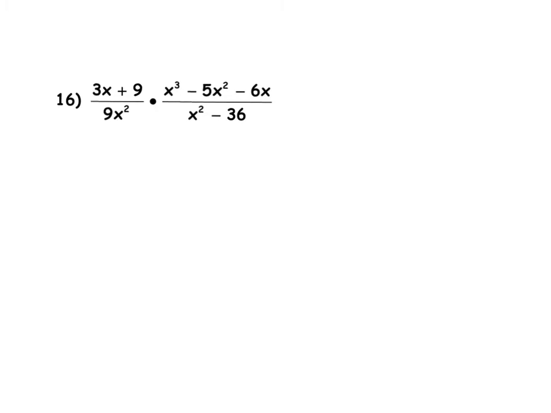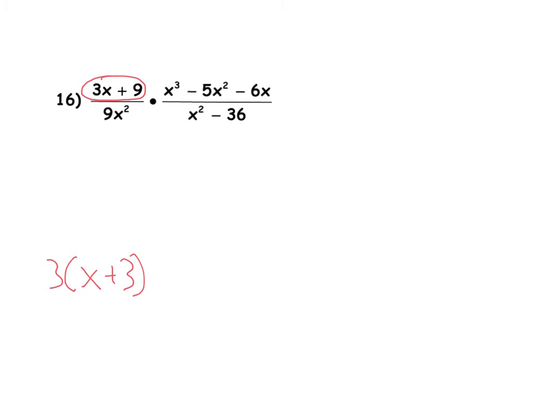So I'm going to take a look at every numerator and denominator here and see how I can factor it, starting with 3x plus 9. This should be a relatively easy factor. Just take out a GCF of 3, and then divide the two terms by 3, leaves us with 3 times (x plus 3).